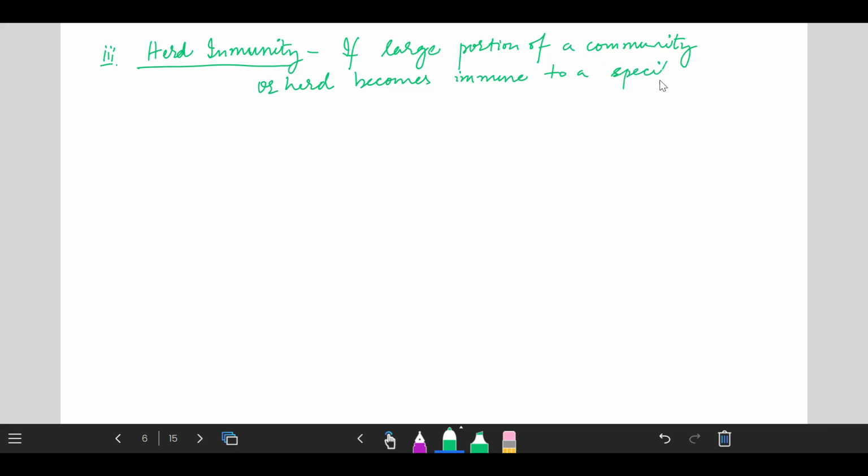And other examples, except COVID-19, are polio, which occurred in the 1950s, measles in the 1960s, cough in the 1940s, etc. Okay, it means when mass vaccination is provided, that is herd immunity. Polio, measles, etc.